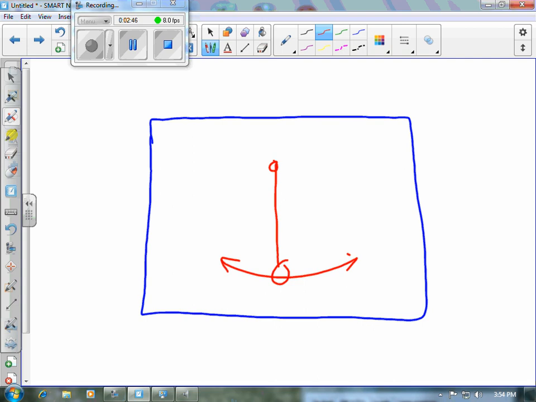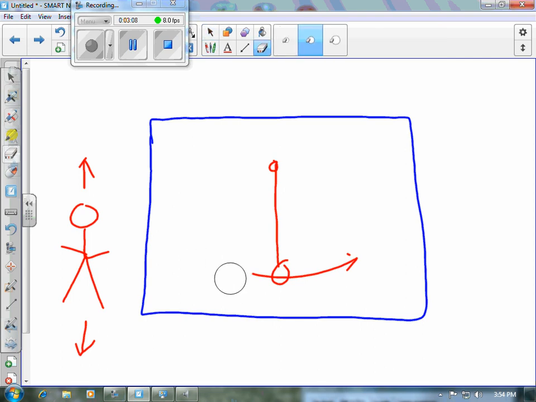You're not concerned with the fact that there is, I don't know, a person standing here who's jumping up and down. You only care about stuff inside the box.